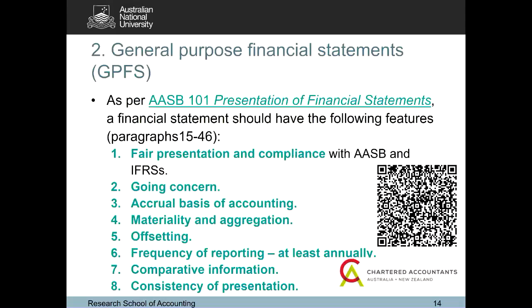Comparative information means if you look at the financial reports of any company for last year, 2018, most of the companies have released their reports already. If you look at their reports, you will find the information for 2018. You will also find the information for 2017.